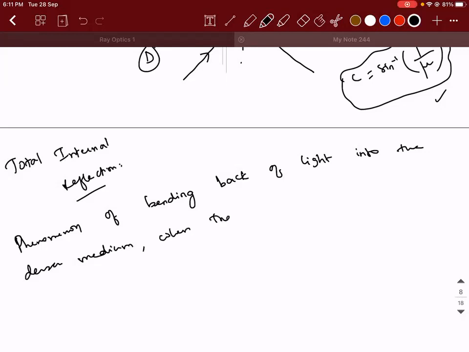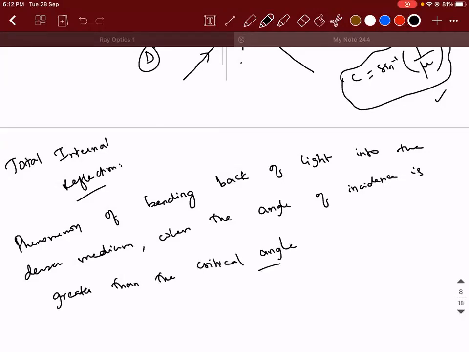When the angle of incidence is greater than the critical angle.